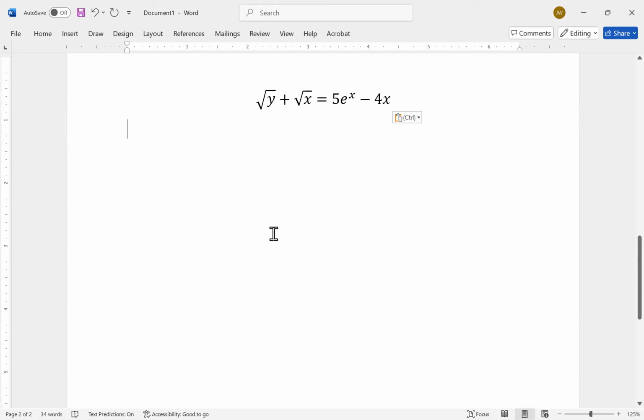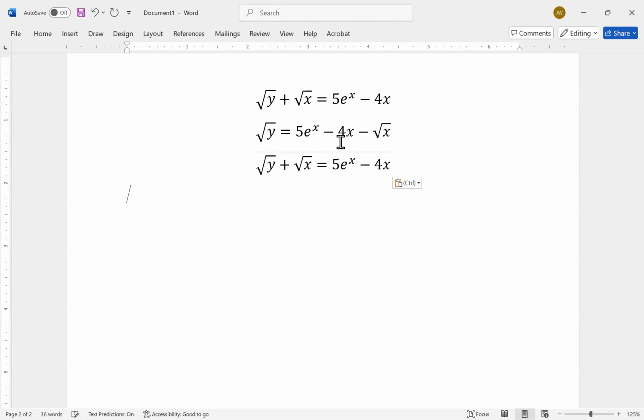All right, in this case, it's going to be probably easier to solve for y, so that's what I'm going to do. I'm going to subtract the square root of x from both sides. And then I'm going to square both sides.